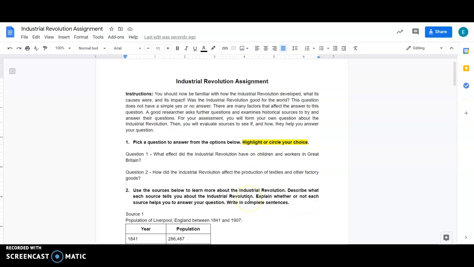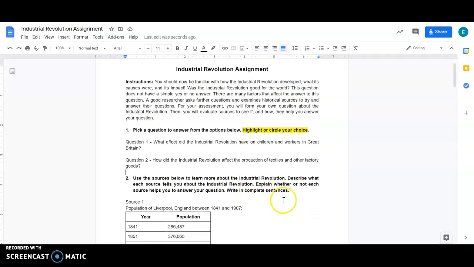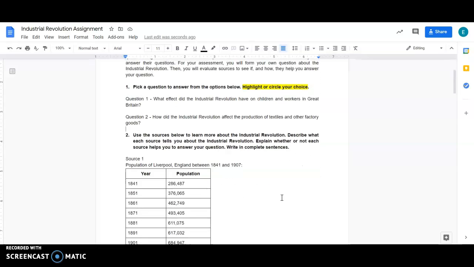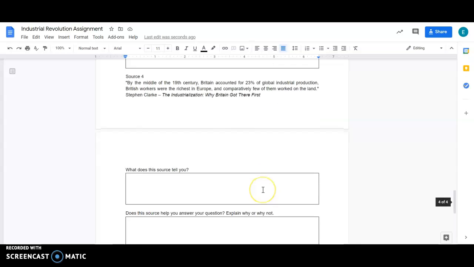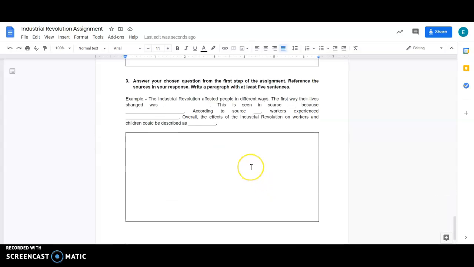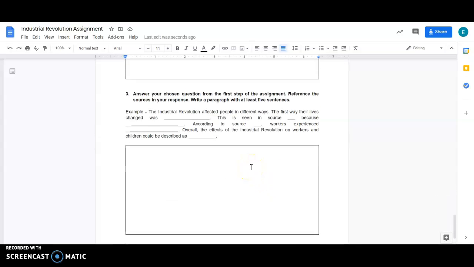Okay? You will want to make sure you are writing in complete sentences. Alright, we are in 7th grade, 2nd semester. We can consistently write in complete sentences. Alright, once you have done that for all 4 sources, you're going to come down here and write a paragraph with at least 5 sentences answering your question.